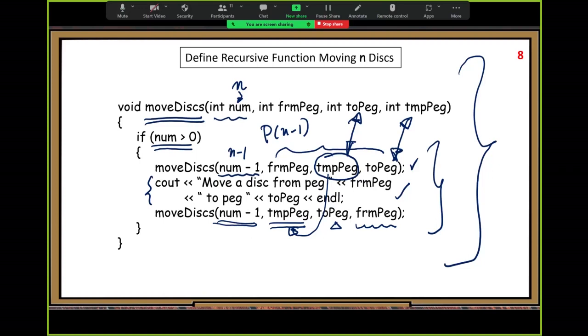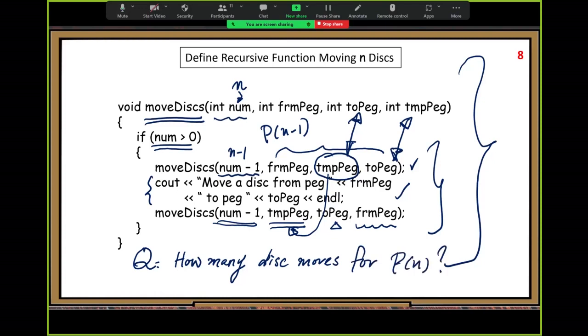So after we solve the problem, there is one last question here. How many disk moves for P of n?